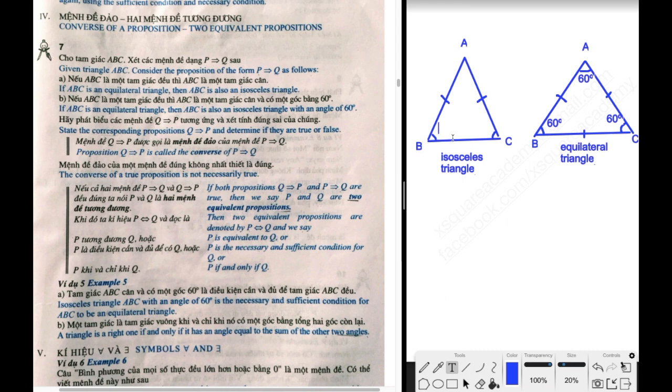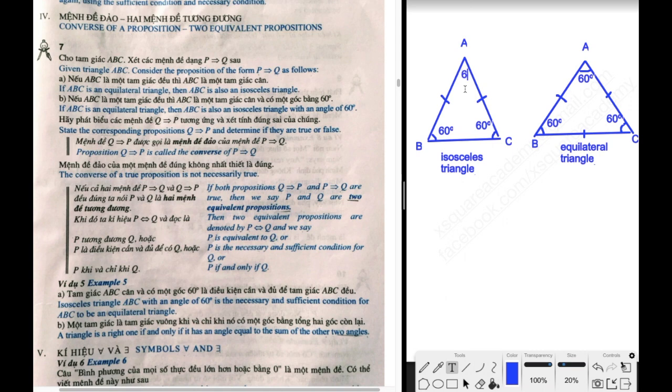So if this isosceles triangle has one angle of 60 degrees, because both sides are equal to each other, this angle is equal to 60 degrees too. And the sum of three angles is equal to 180 degrees.